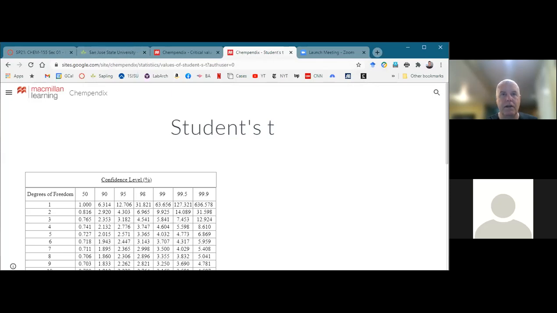How many measurements do we have? We've got 6 measurements. So that means we have 5 degrees of freedom. We're going for 95% confidence, so our critical value of t is 2.571, right?